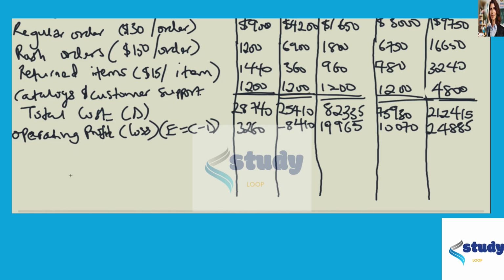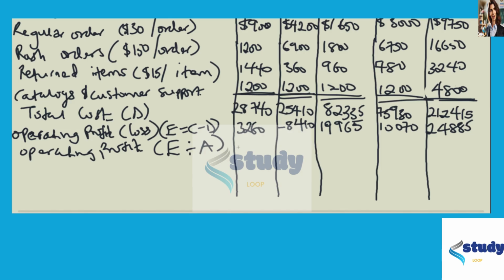So now the operating profit, and this is going to be in percentage. So it will be E, operating profit, divided by A, and A is the gross sales.